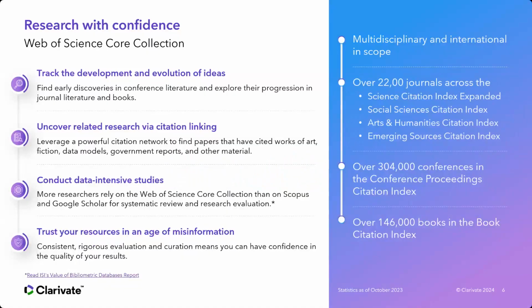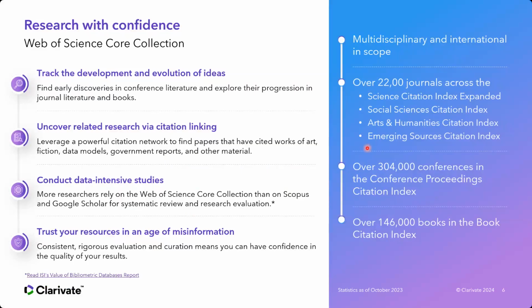It encompasses 4 journal indexes, which are the Science Citation Index Expanded, Social Sciences Citation Index, Arts and Humanities Citation Index, and Emerging Sources Citation Index. So we cover over 22,000 journals from these 4 journal indexes.